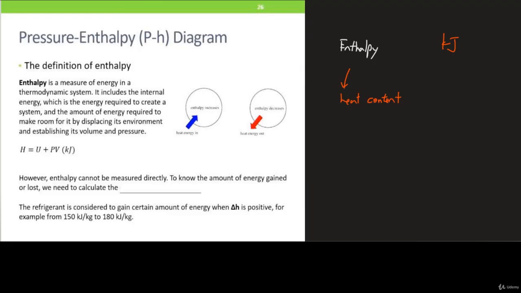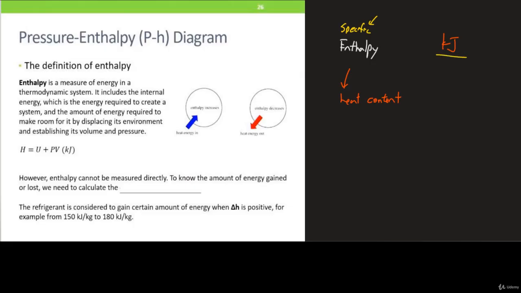But when we are using the enthalpy diagram, usually you will learn this term called specific enthalpy. What is the difference between enthalpy and specific enthalpy? Whenever you see the word specific, it refers to per unit mass.